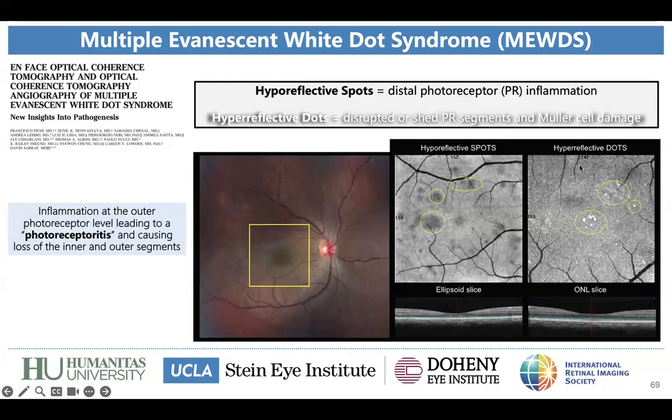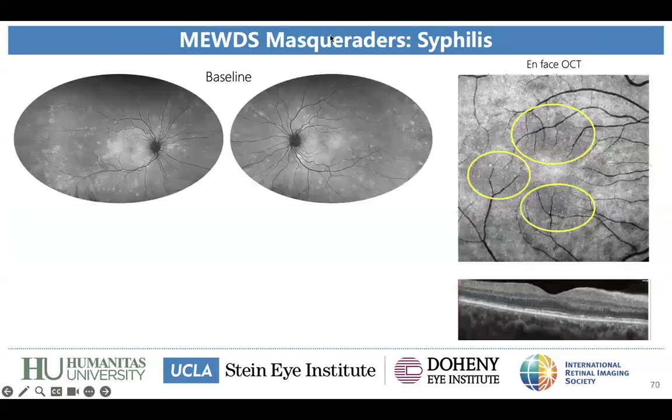This is important because this lesion can resolve either with observation or with therapy. I just want to show you an example of an actual patient. This was a patient with a MEWDS masquerader, which in this case is a syphilitic retinitis. This is the baseline ultrawide field fundus autofluorescence, where you can see all the hyperautofluorescent spots in the macula, extending also to the mid and far periphery.